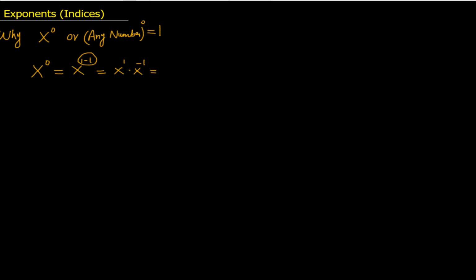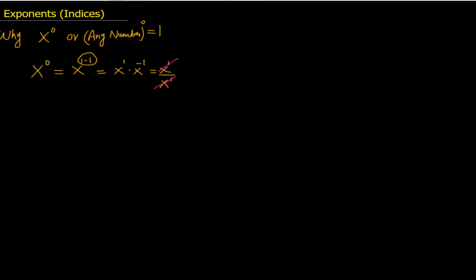Now x raised to the power 1, I will keep it there, but using the negative exponent, I will take this x to the power minus 1 to the denominator and make it positive. Because whenever a term goes from numerator to denominator, the sign of the exponent changes. So the minus 1 will become plus 1 in the denominator. And you can see what is going on here. You can simply cancel these two terms out.